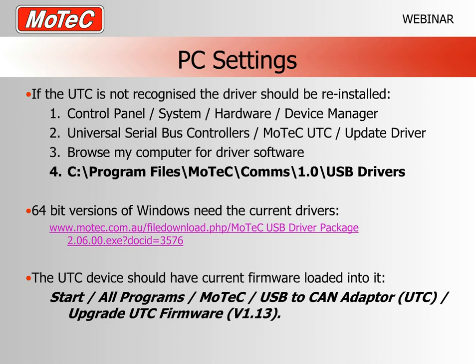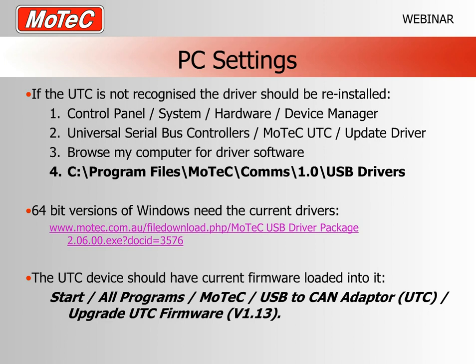The driver will always be in the directory I've shown there in point number 4, and that is C:/Program Files/Motek/Comms/1.0/USB Drivers. So you navigate through to that directory, click OK, and then reinstall the driver.